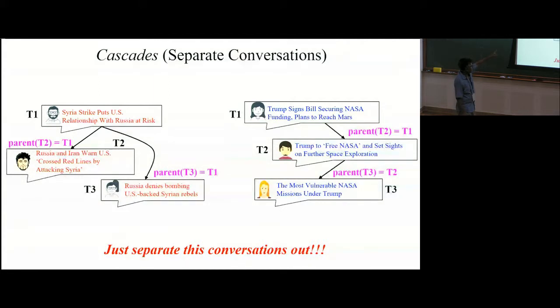It's also possible that I don't mimic you, but I engage in conversations with you, and the topic that you talk about immediately influences the topic that I wrote about. In that case, your tweet is also a parent of mine, in terms of the topics. But these are not observed. As I said, we only observe the tweet contents: which user tweeted, and what the content is. We want to derive this out of the probabilistic model that we will create, so that these trees that we draw will be the output of the model. Any other question?